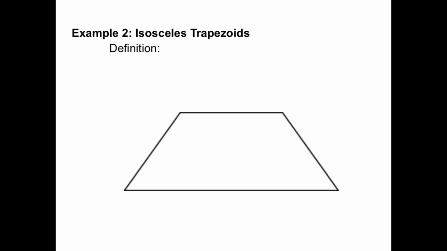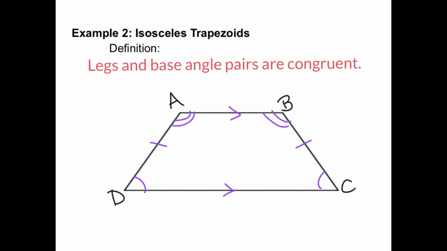Within the idea of trapezoids is a specific type of trapezoid called an isosceles trapezoid. In isosceles trapezoids, the legs and base angle pairs are congruent. What I'd like you to be thinking about is an isosceles triangle, like the Christmas tree triangle, with the top chopped off.